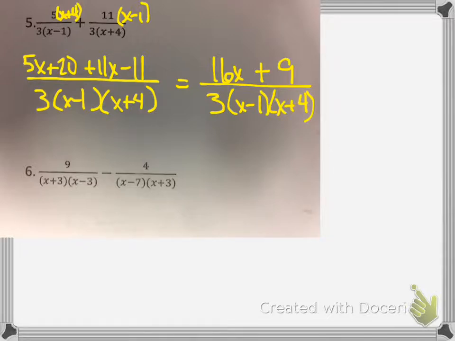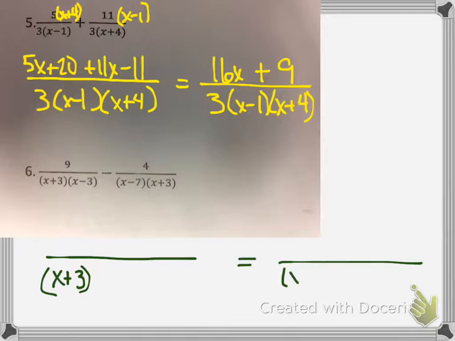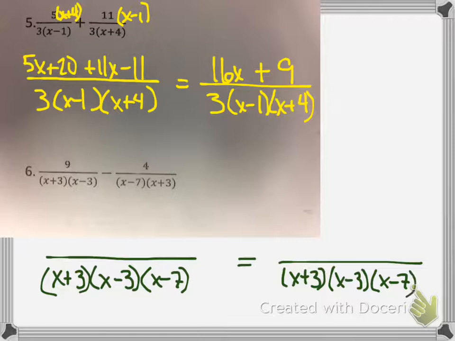On the bottom one, number 6, they have an x plus 3 in common. And then I can add an x minus 3 and an x minus 7 from the other 2 fractions. So, now, where I would be careful is that minus and then divide by 4, I would change that to, I'll get to that in a second, I guess.